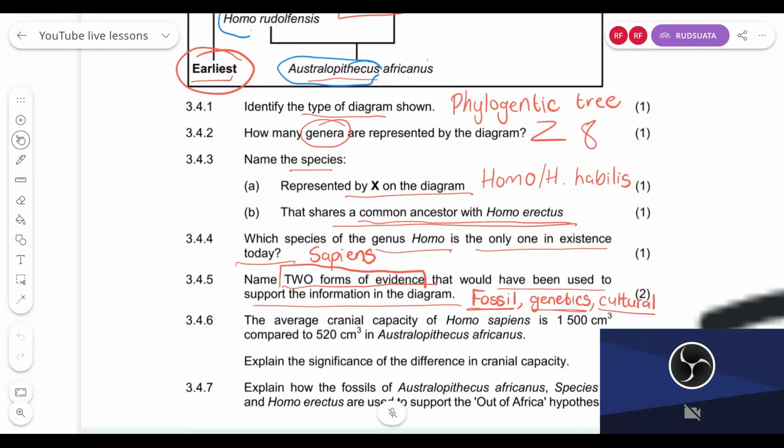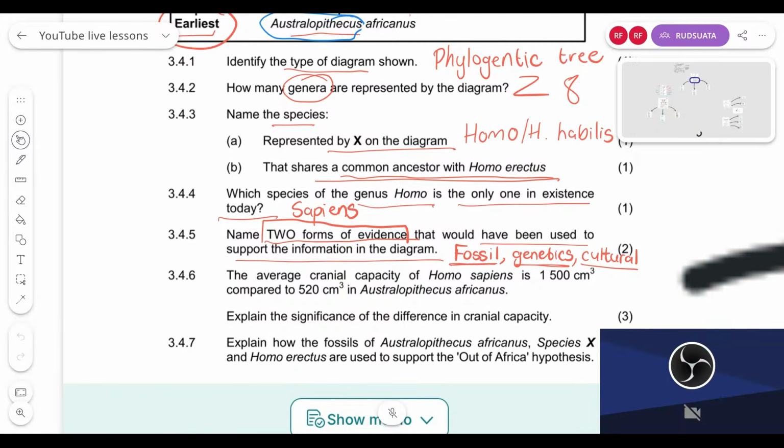Now we get to the 2 more challenging questions. For number 6, it says the average cranial capacity, which means they're referring to, remember, the cranium, how big your head is, of Homo sapiens is 1,500 centimeters cubed, compared to 520 centimeters cubed in Africanus. Once again, explain the significance of the difference in cranial capacity for 3 marks.